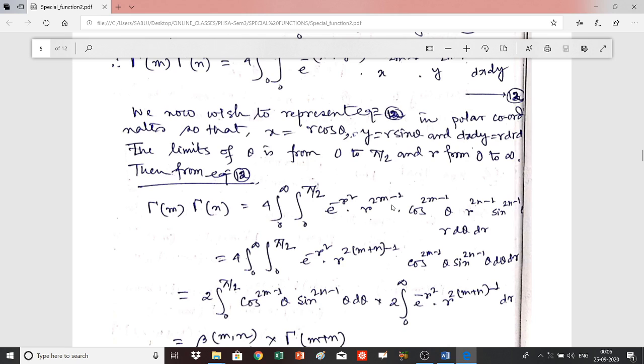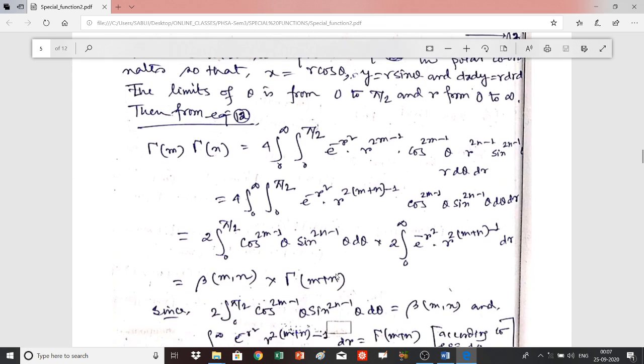And from here you see that there is r to the power 2m minus 1, and here is another 2n minus 1, and here is r to the power 1. So finally the power of r will be 2 times (m plus n) minus 1. Then cos theta to the power 2m minus 1, sin theta to the power 2n minus 1, d theta dr.